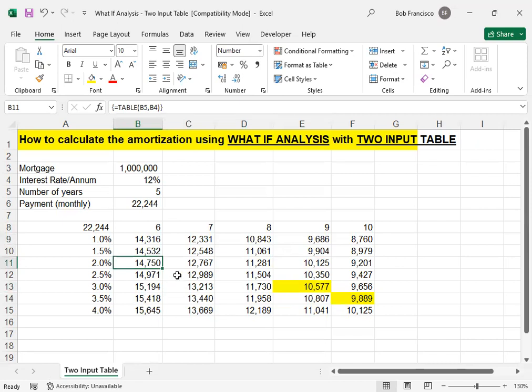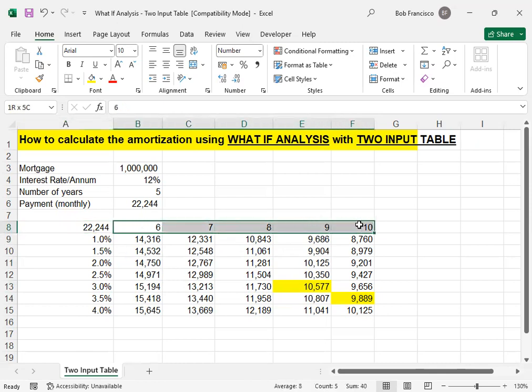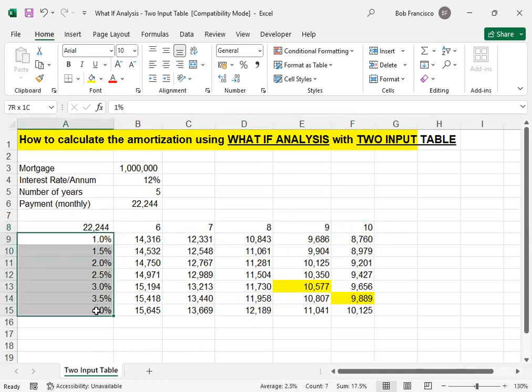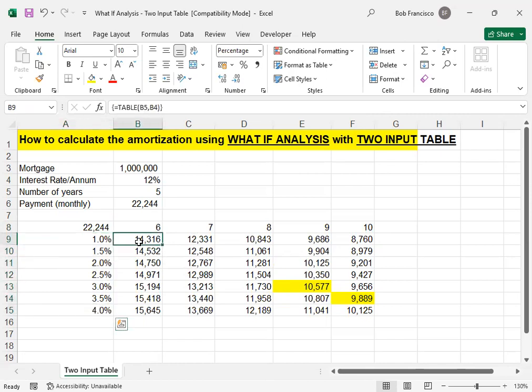So different scenario, different amount, different term in terms of years that you're gonna pay, and different interest rates per month. Okay. So this would be the corresponding amount that they're gonna pay.